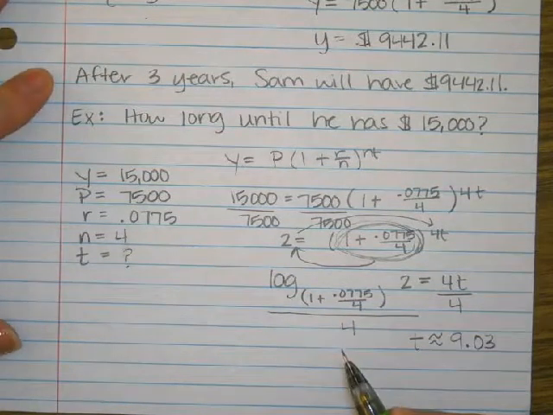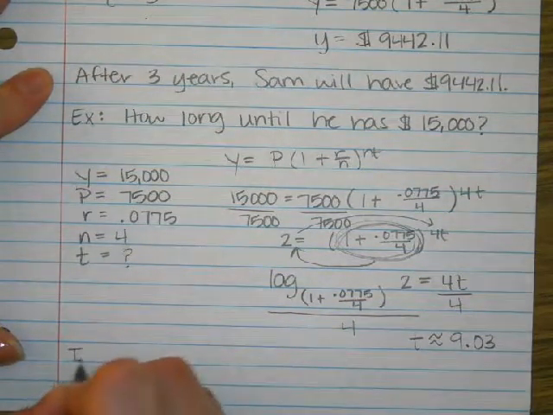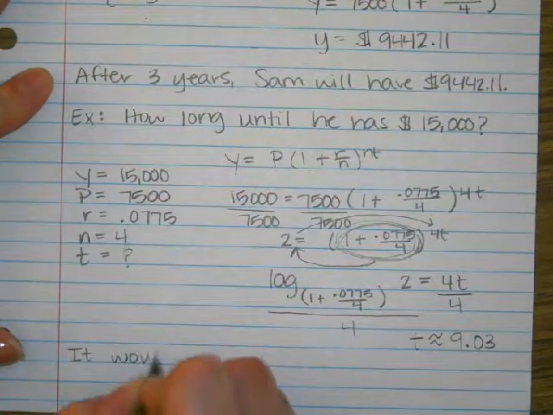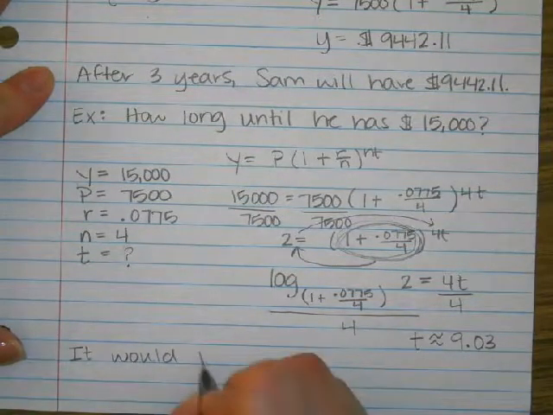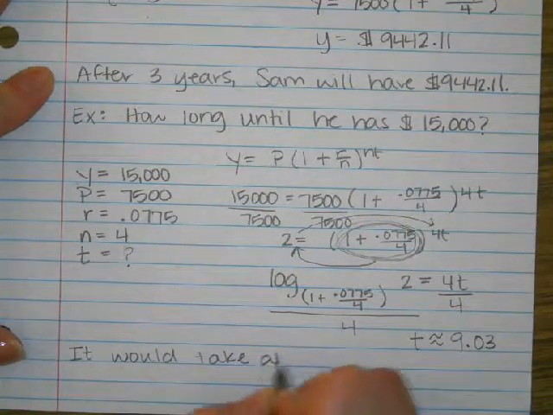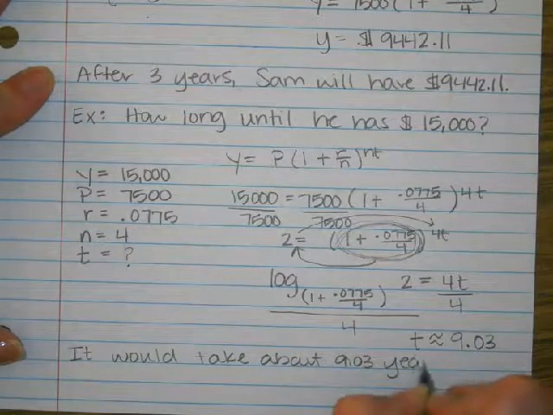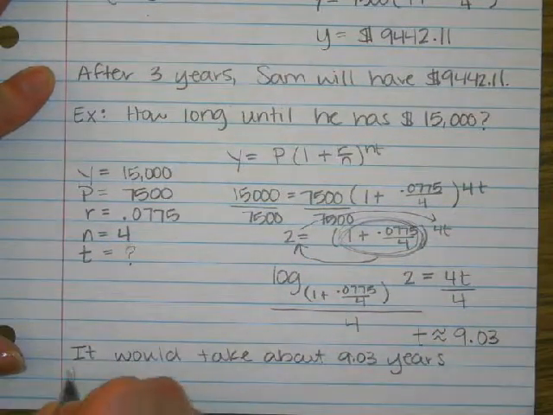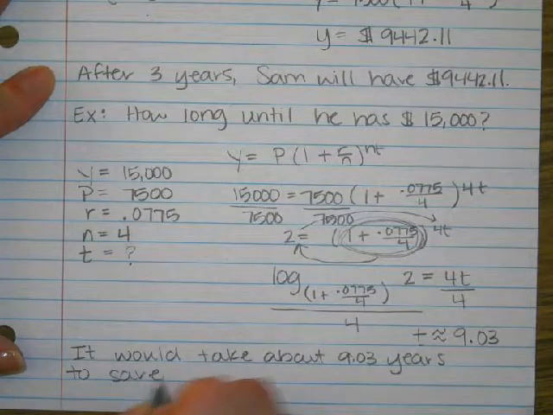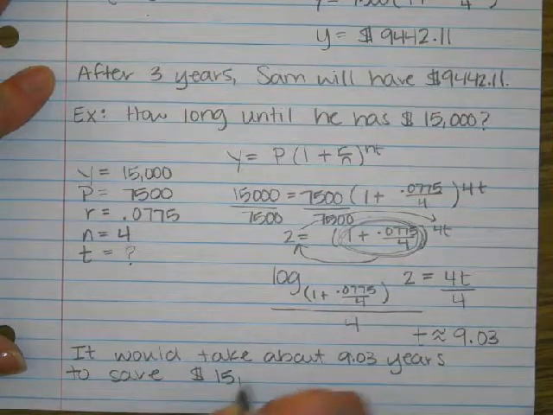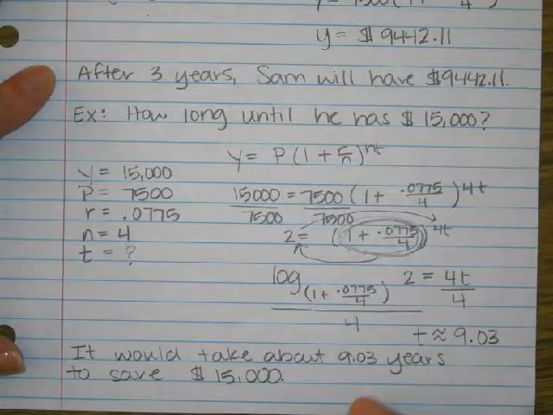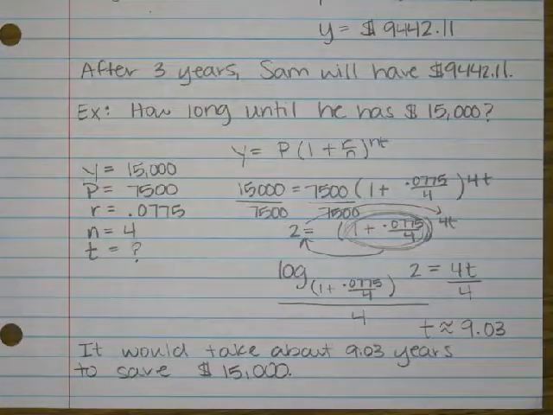All right, it would take about 9.03 years to save $15,000.